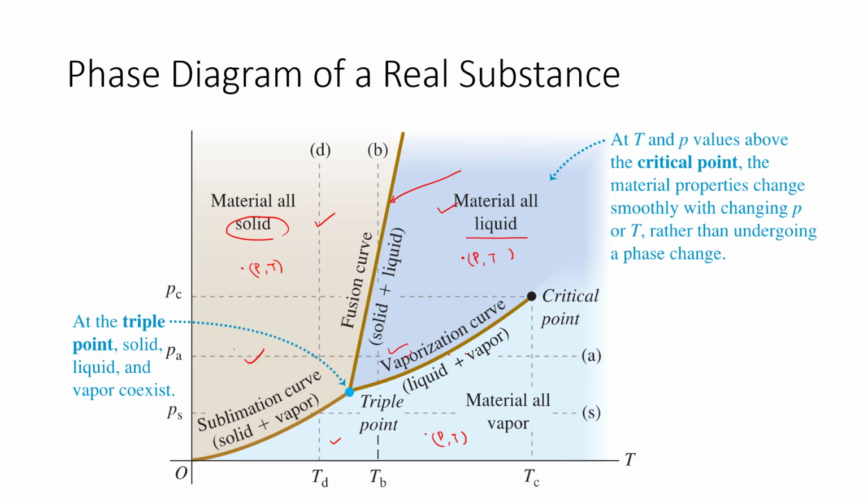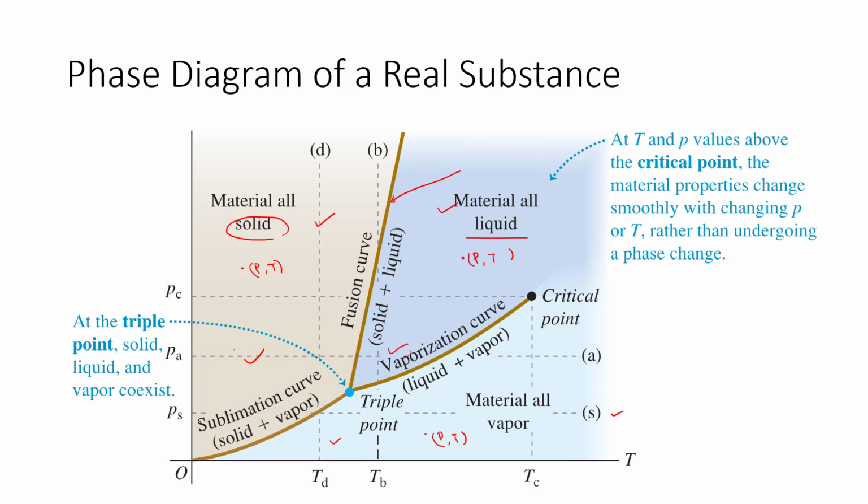When the pressure is constant, heating can transform a substance from solid directly to vapor, like we see here along this line PS.